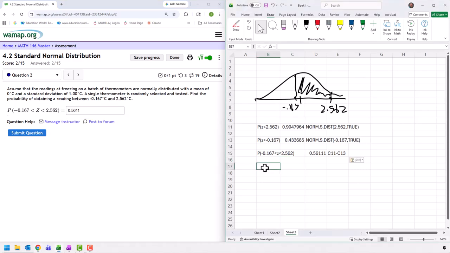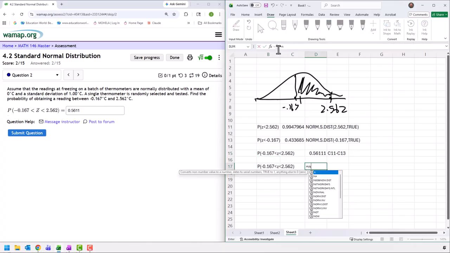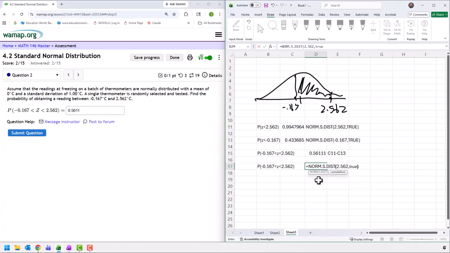Now, we can do this in one shot also. If I want to do this normal standard distribution function and take my high side value and then subtract the normal standard distribution of the low side value.